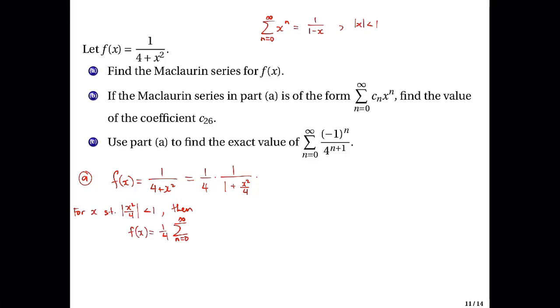And this will be negative x squared over 4 to the n. Or the series from n equals 0 to plus infinity of (-1)^n x^(2n) over 4^(n+1). So this is the Maclaurin series for this function.